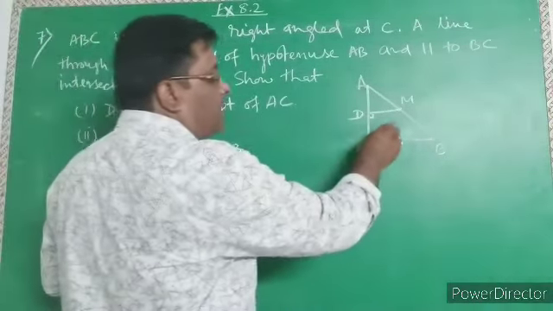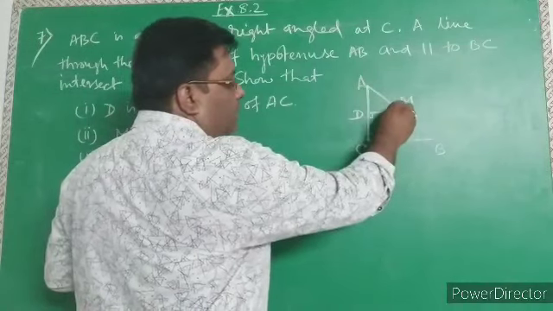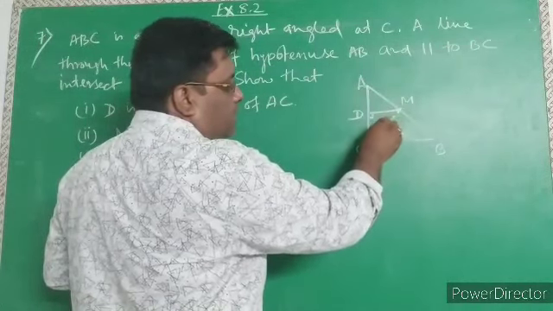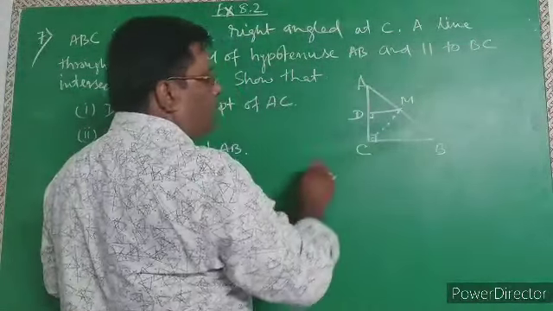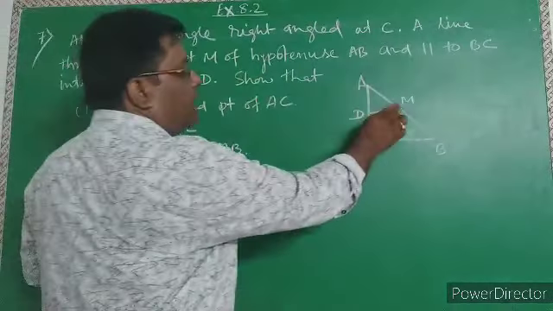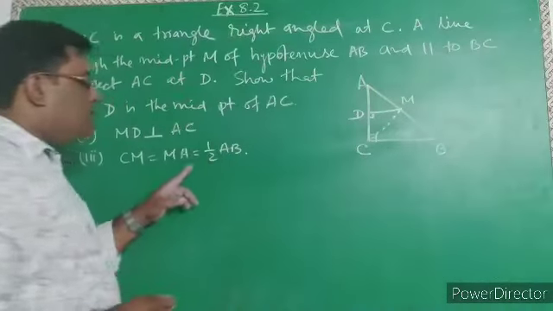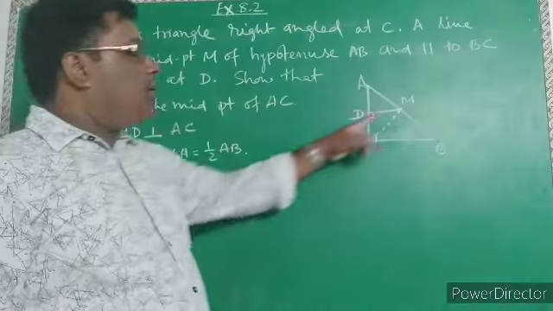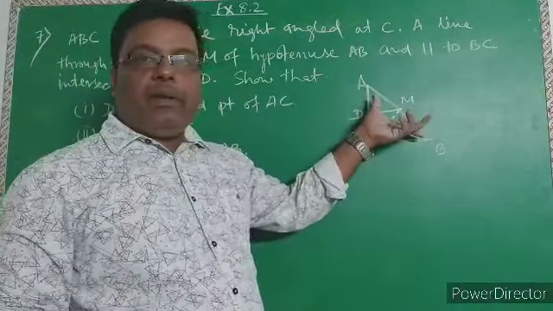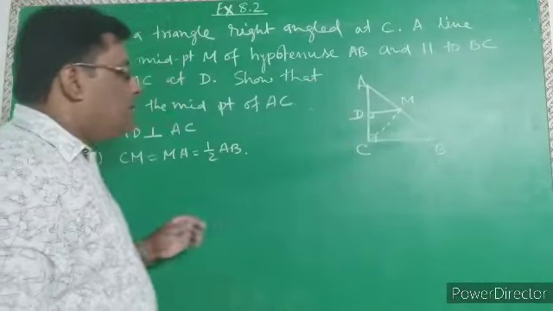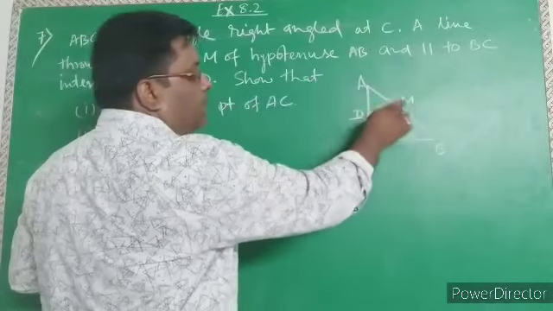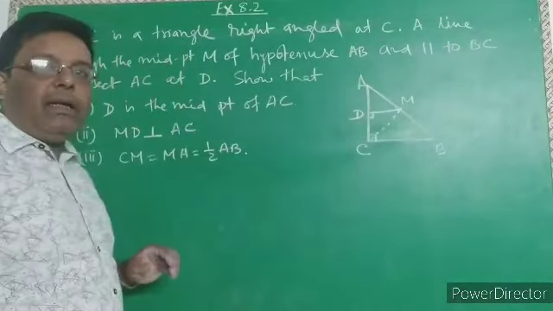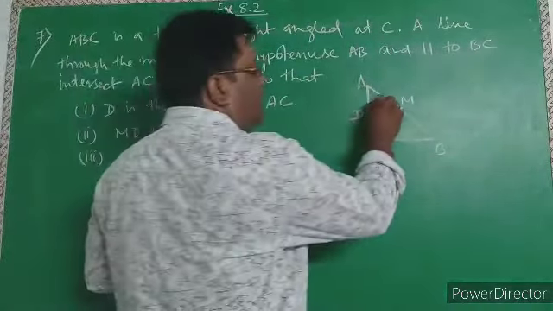So we have to join CM. CM is equal to MA, and MA is obviously half of AB. So we have to show that CM and AM are equal. So you take these two triangles.